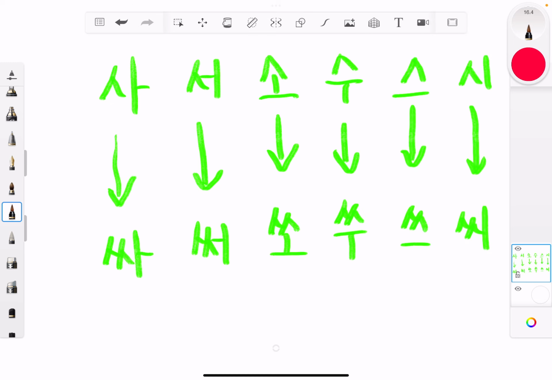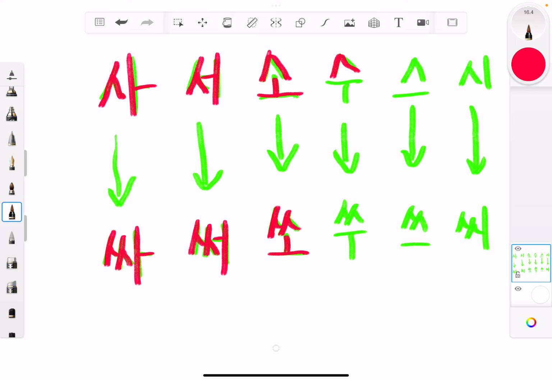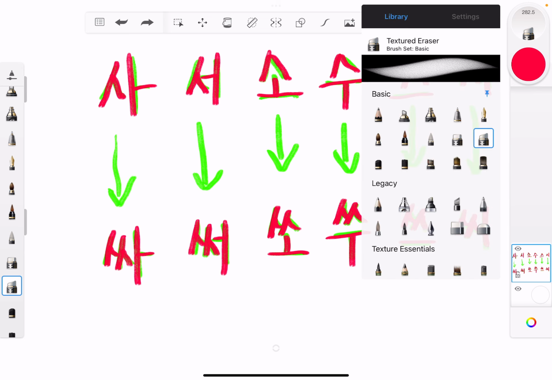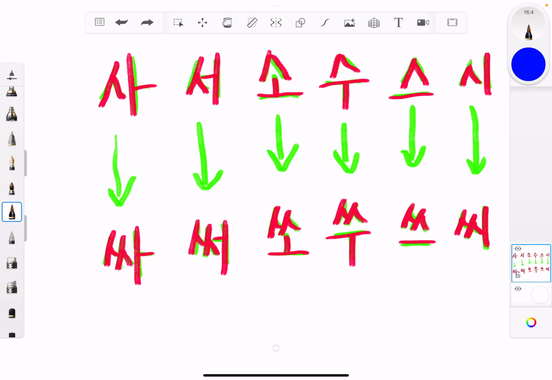So let's repeat that. 사, 싸. 서, 써. 소, 쏘. 수, 쑤. 스, 쓰. 시, 씨. Okay? So let's do it again. 시, and then 씨.